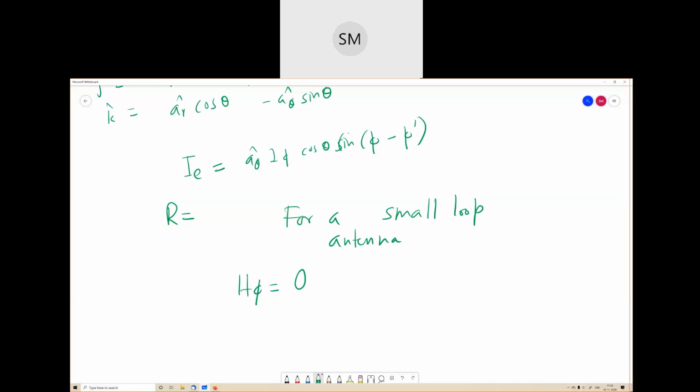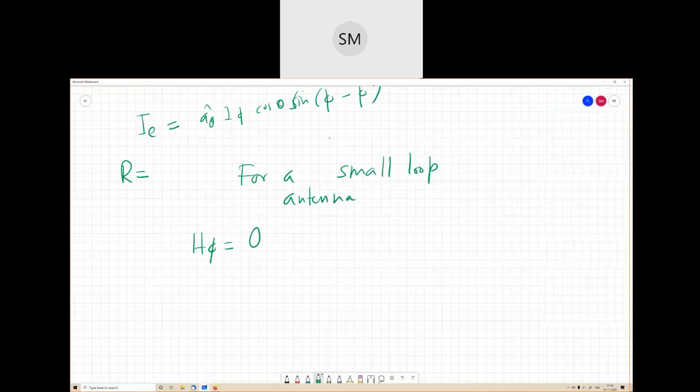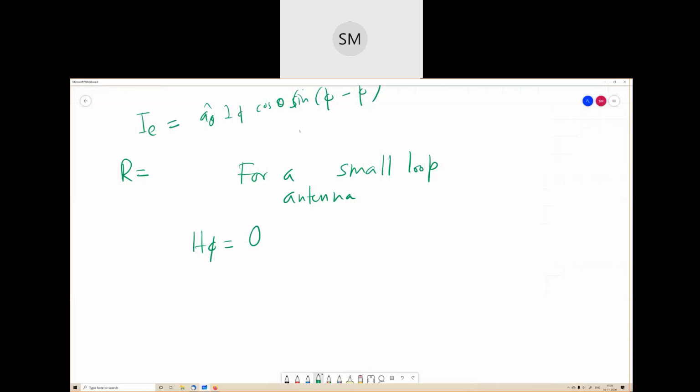If you have any problem, you can ask me, okay? Because if I just go on doing the derivation for the sake of doing it, it will not be beneficial for you. H_r equal to... If you are really interested, you can go through Balanis. If you have any doubt, you can come back to me. I think that's the best way to tackle this.